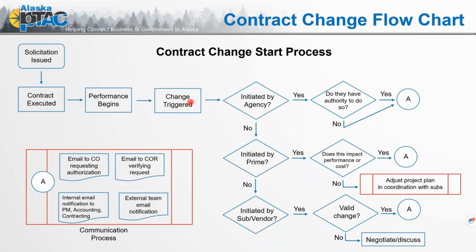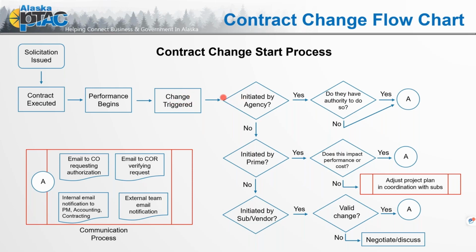A change has been triggered. Either the performance start date has changed, the supply schedule might have changed, the color of the paint to be provided, any kind of possibility, in addition to subtraction of the scope of work. Somehow through the completion of that scope of work, we have a change that has been triggered.